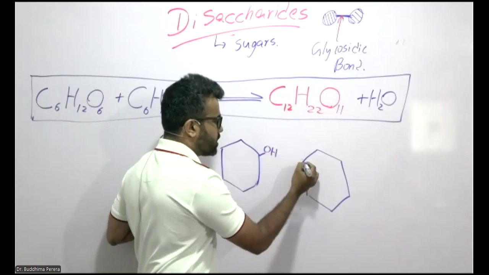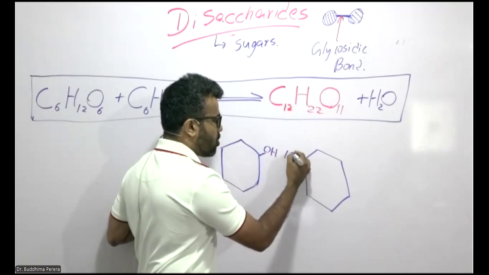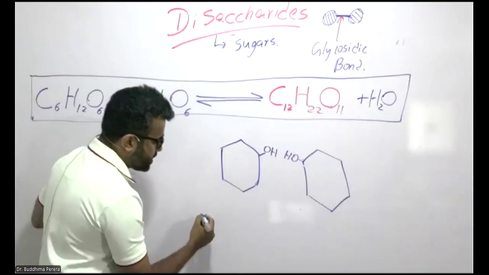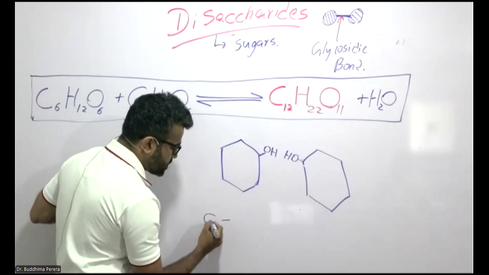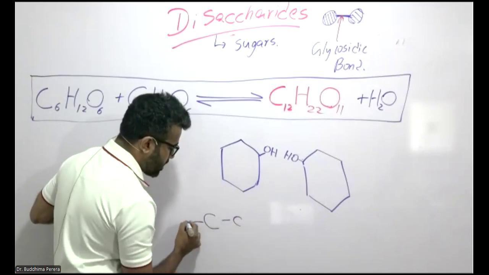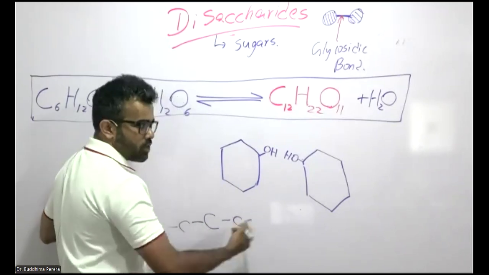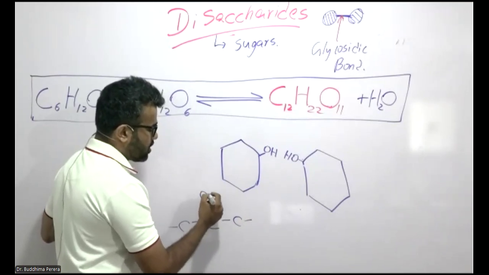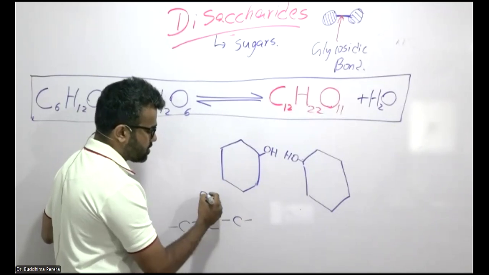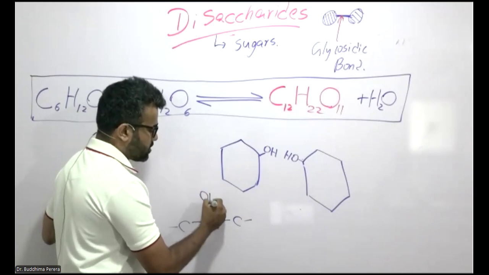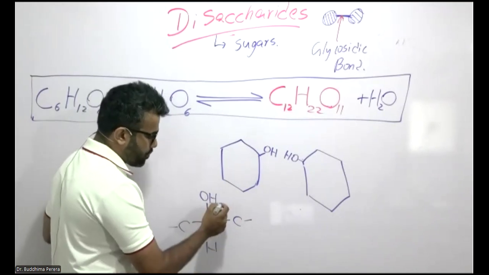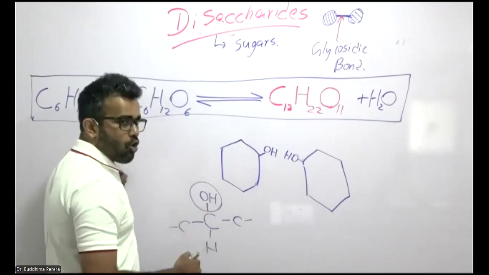Here's an OH. Here also there's an OH, right? There's a carbon which binds with carbon and carbon like this. Like this, there's a point where there is an OH group.